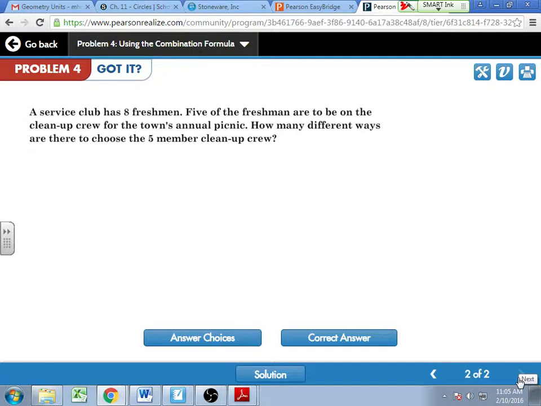So what is my, it's going to be, so you have 8 options, and then you're choosing 5. Yep, 8 choose 5. So then my numerator should be 8 factorial. Then, it doesn't really matter what order you do it in, but you're going to use the difference between them factorial and the choose factorial.